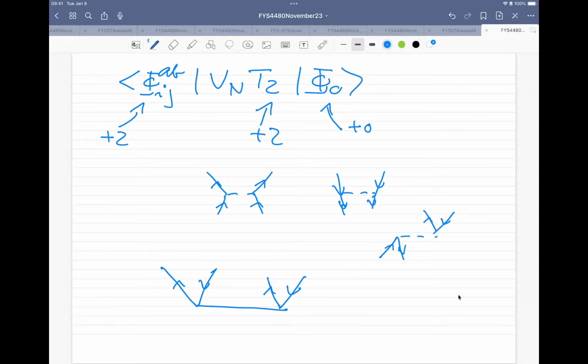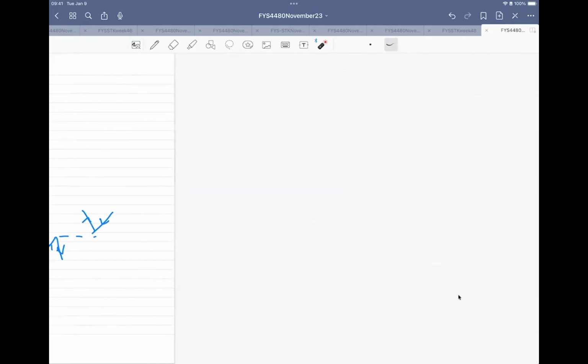So you can see now that this one needs to be contracted with the 2 hole lines. This one needs to be contracted with the 2 particles, which we have here. And this one would have to be contracted with that one. So we have a level 0 here, but we contract this one with that one. And then we are left with something which looks like this.